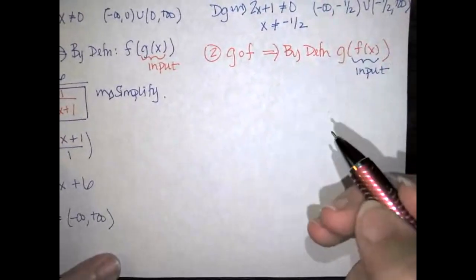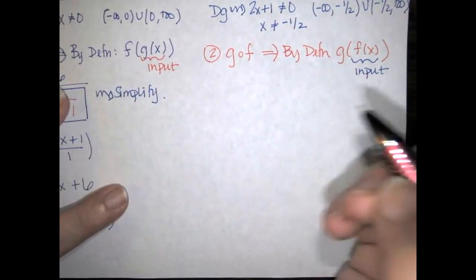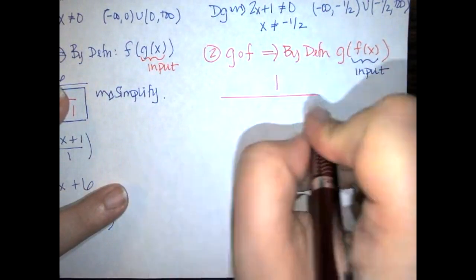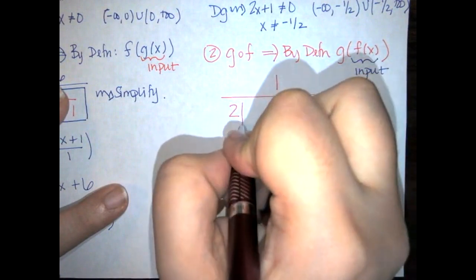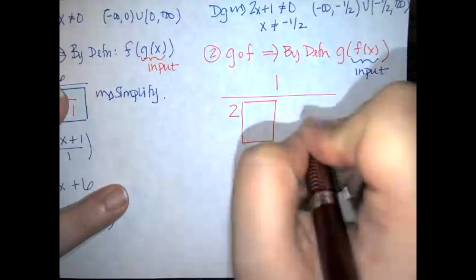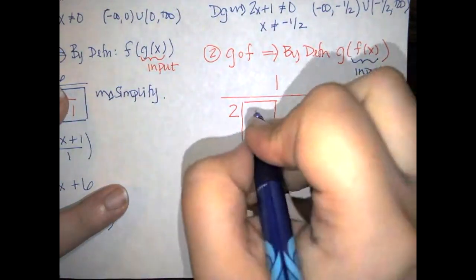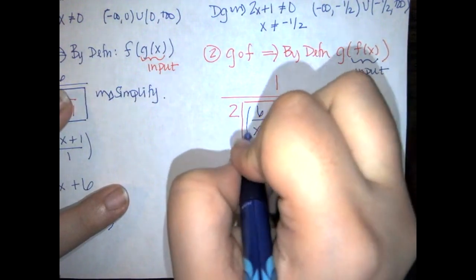So we have to look at what is actually going on here before we do anything else. So g is on the outside, so this is 1 over, and then this is 2 times my stuff plus 1. Well, my stuff here was 6 over x.